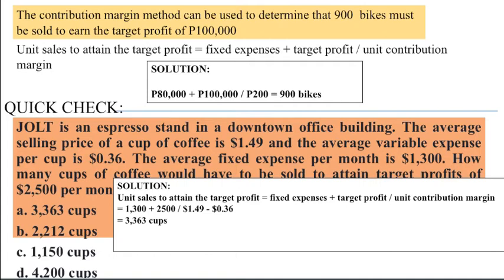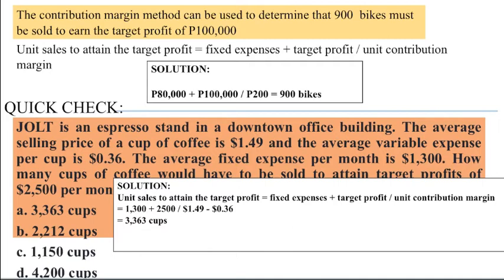How many cups of coffee would have to be sold to attain target profits of $2,500 per month? A. 3,363 cups. B. 2,212 cups. C. 1,150 cups. D. 4,200 cups. Here is the solution.